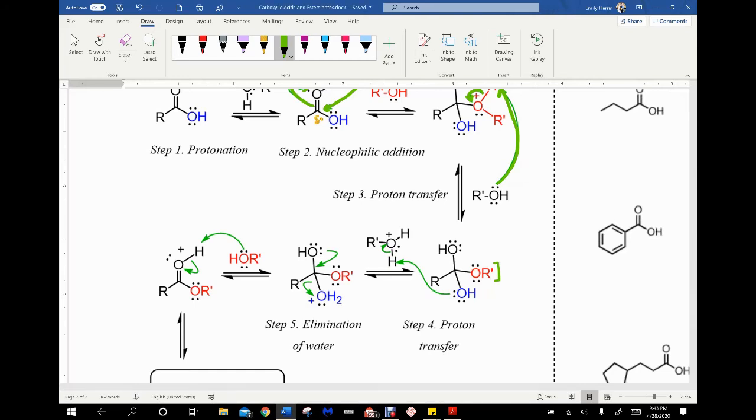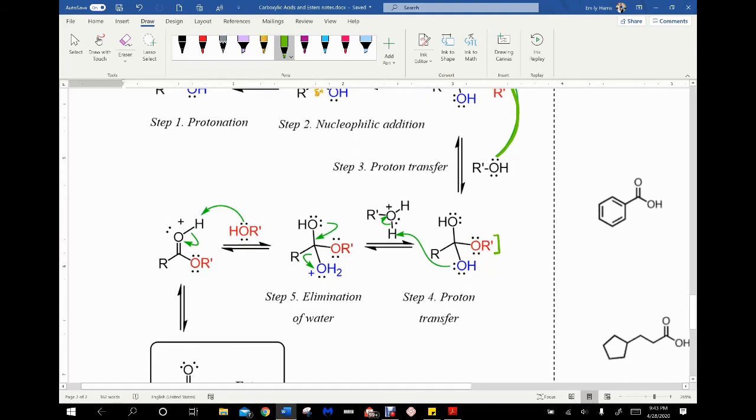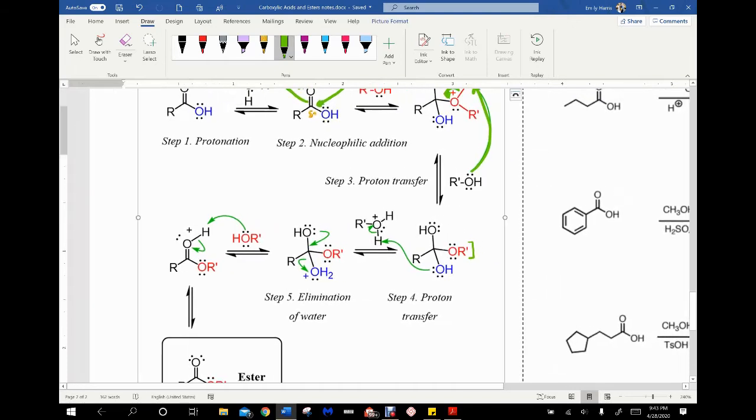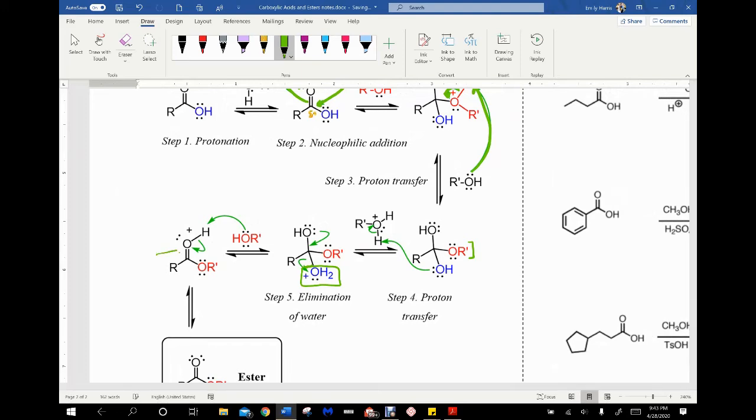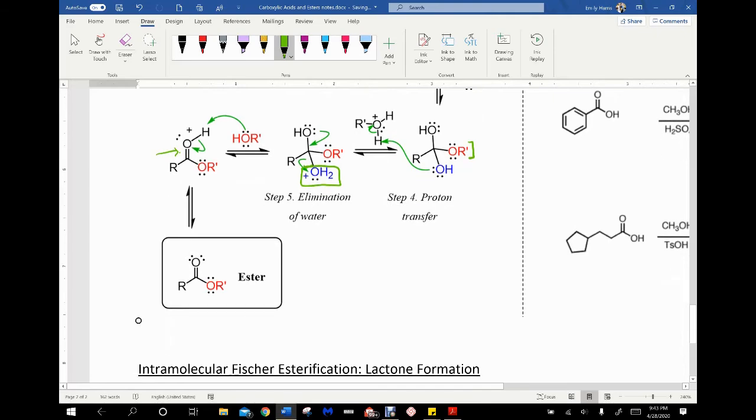So we'll have a repeat of the proton transfer where oxygen grabs another hydrogen. And then you'll end up forming a double bond via an elimination reaction. And this is where the water comes from: it's eliminated as we're reforming this double bond to create that carbonyl. And then you're left with an ester.